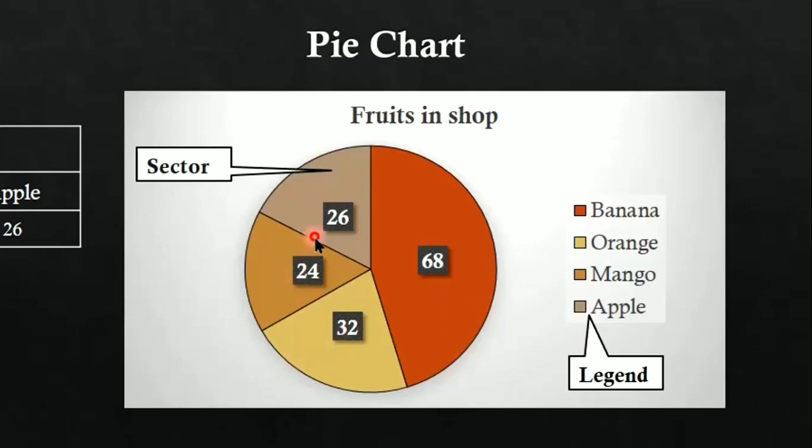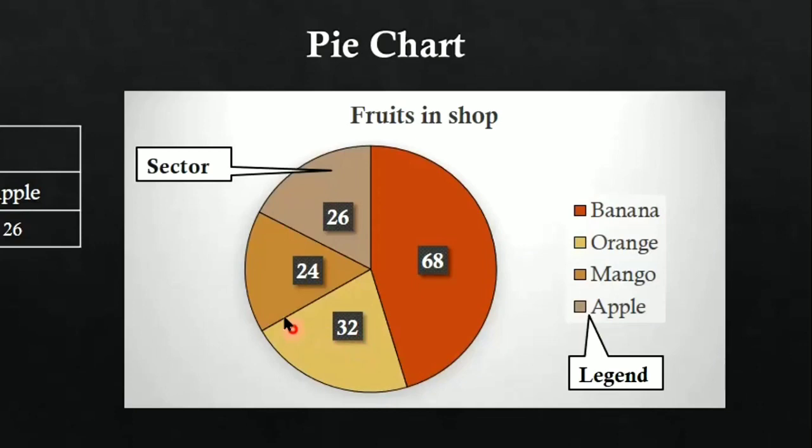These 4 sectors represent portions of the entire data set. The portion that exists in each sector is measured in terms of degrees, and also in terms of percentage.